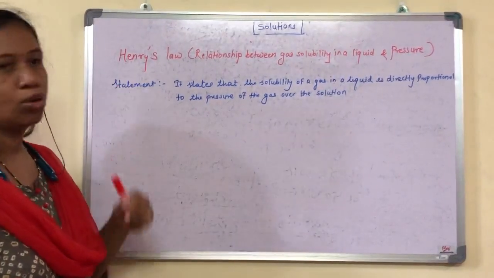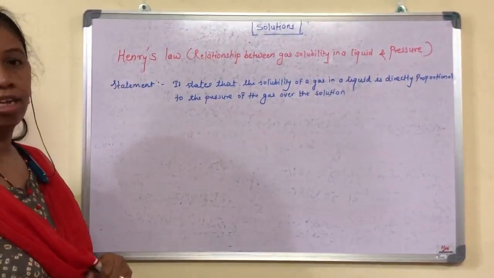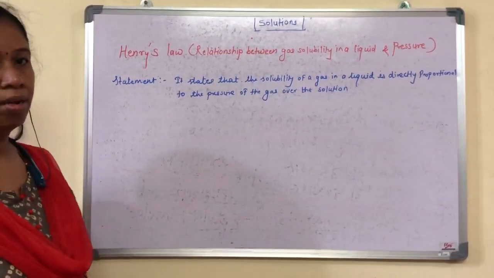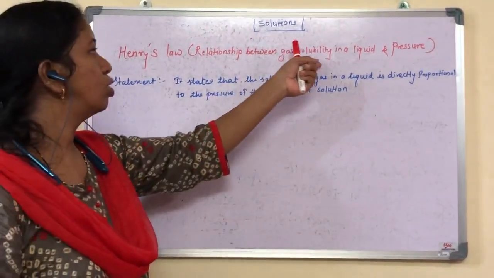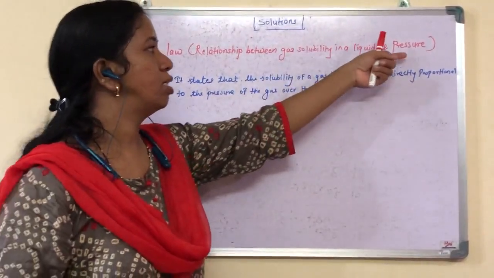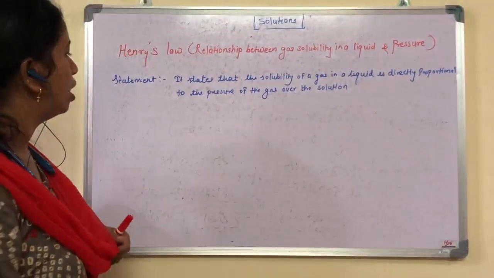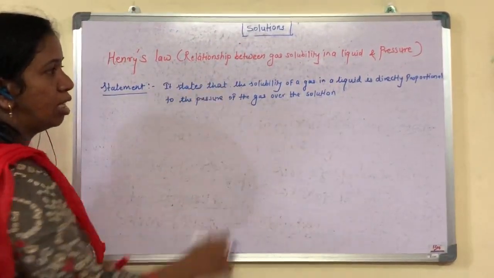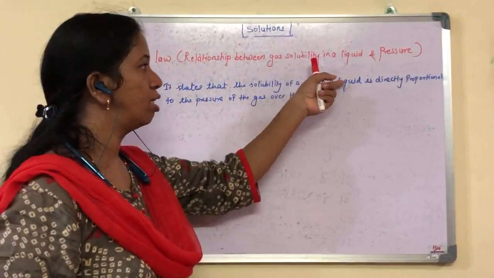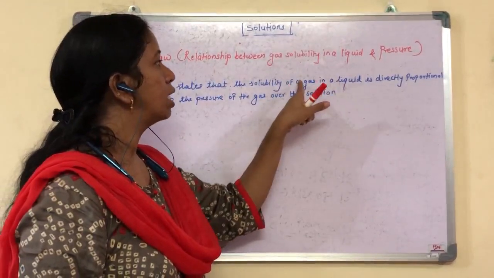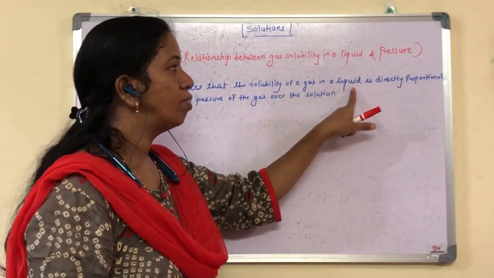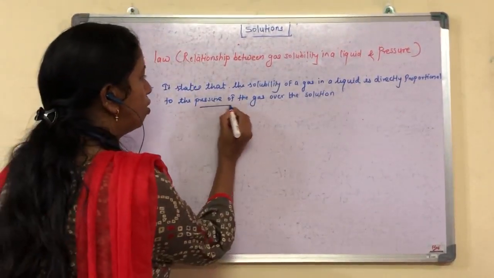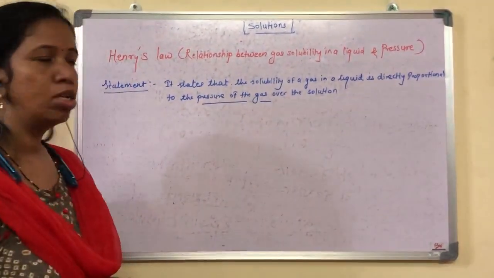Okay, so here we are going to start the new point, that is Henry's law, the relationship between gas solubility in a liquid and the pressure. So gas solubility and pressure have a relation given by Henry. What is the statement for that? It states that the solubility of a gas in a liquid is directly proportional to the pressure of the gas over the solution.